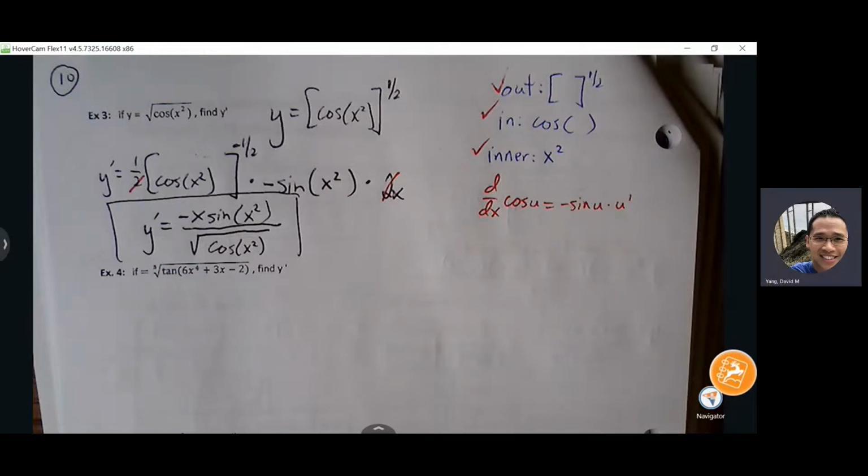Okay, let's try example 4 as well. Very similar process. Rewrite that radical as a rational exponent.